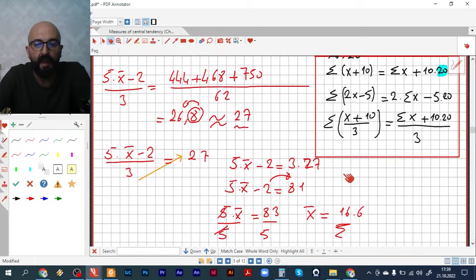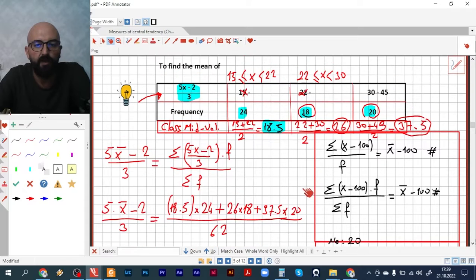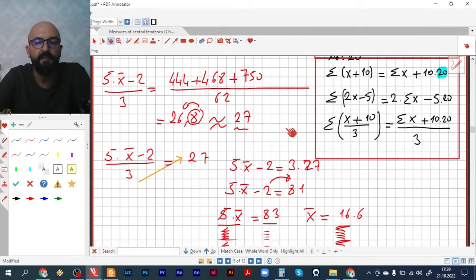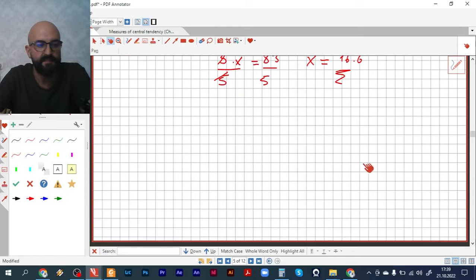Okay, and our x value for the mean of the data is 16.6.